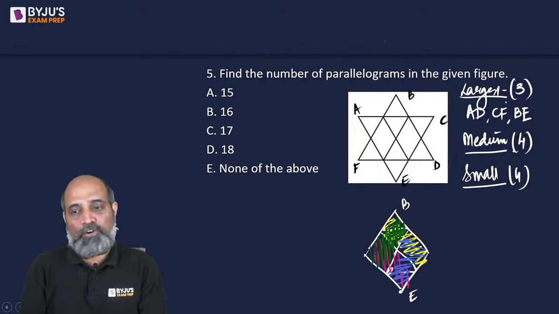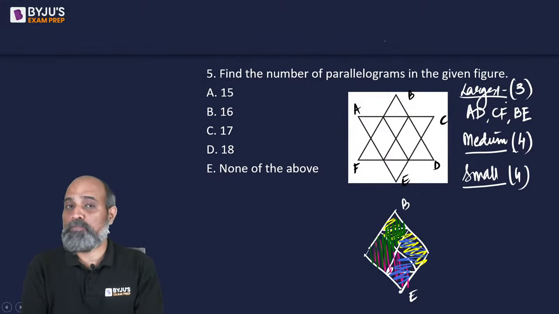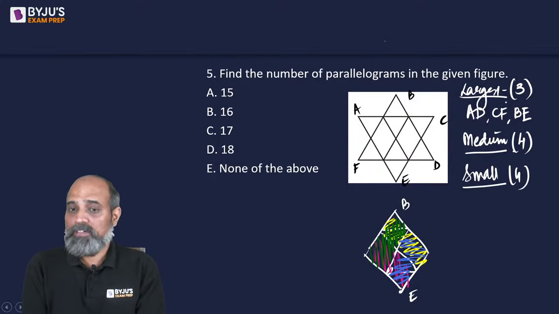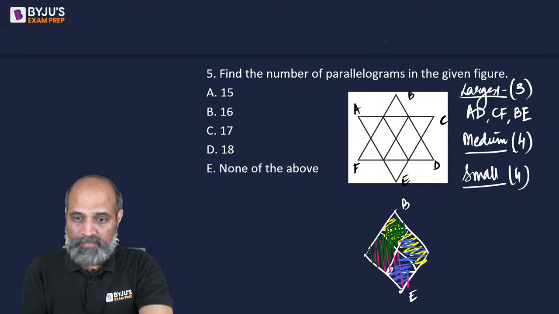Largest 3, medium 4, small 4. How many more are left? Which type is left? Medium, which is made up of more than one parallelogram, or small size, which is made up of only one parallelogram or 2 triangles? Or do we have the largest ones, which is made up of more than 2 triangles or 2 parallelograms? Hurry.